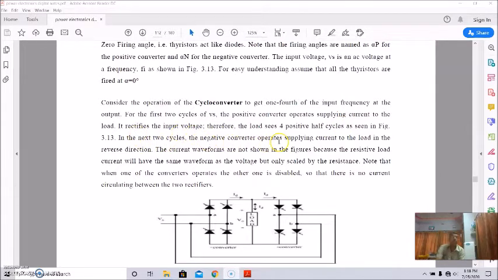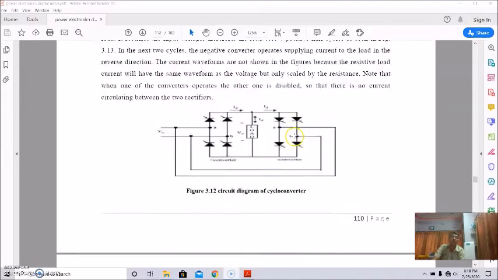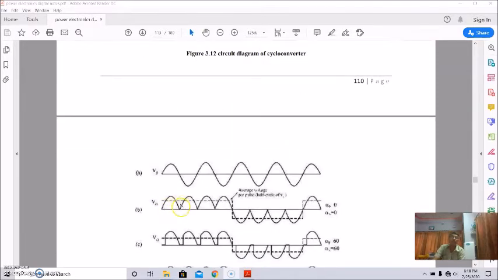Therefore, the load sees 4 positive half cycles here. This is 1, 2, 3, 4 for the positive half cycles, and these are for the negative half cycles.